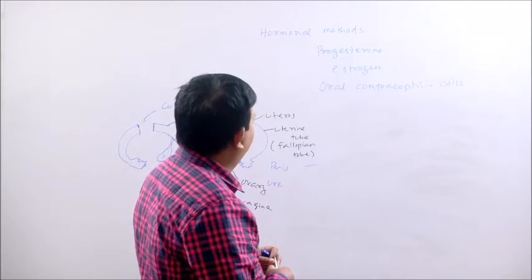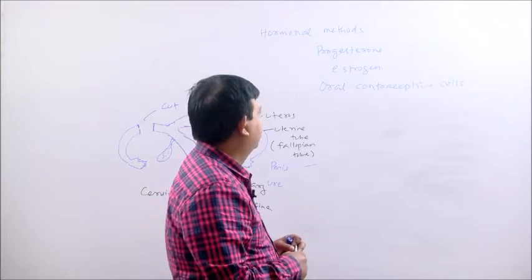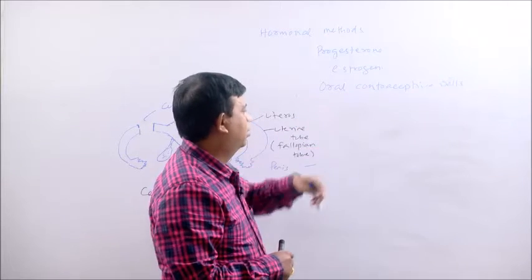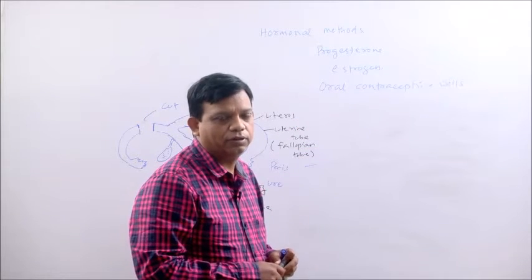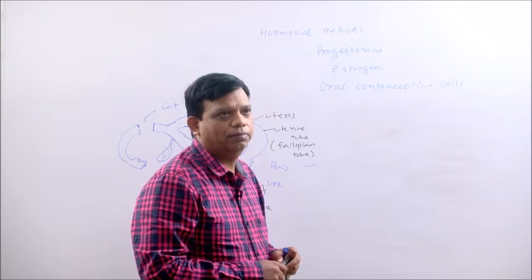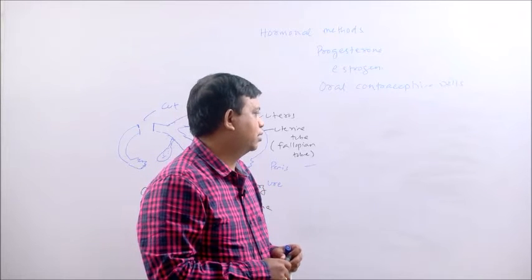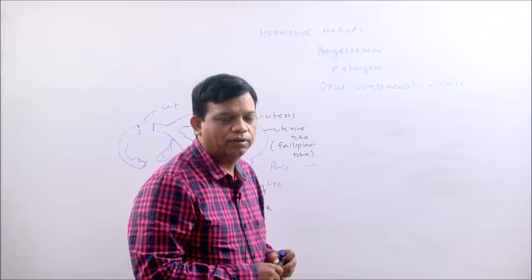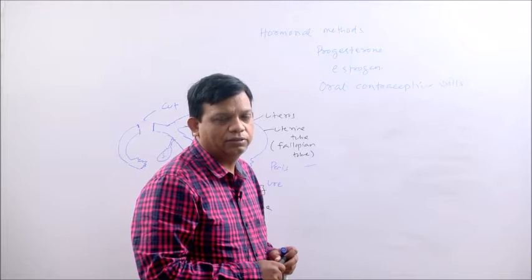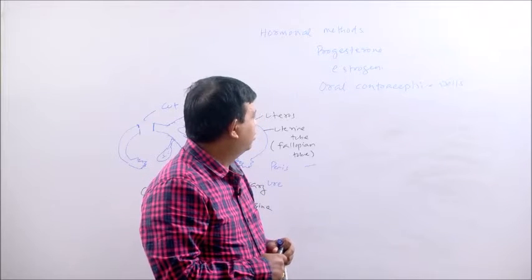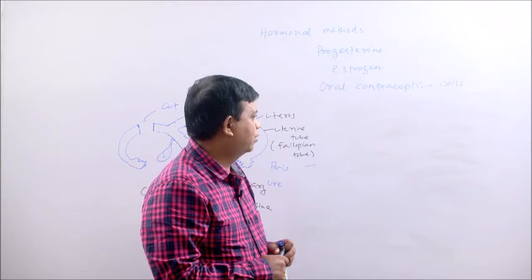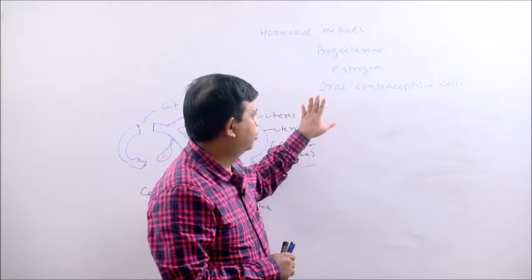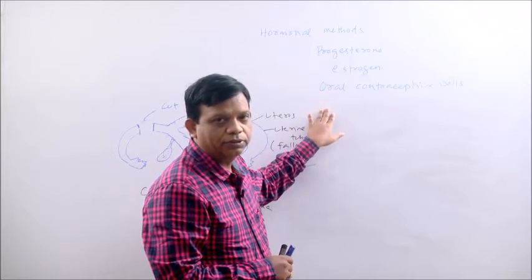These pills cannot be used by women who have liver malfunction, or who have cerebral blood vessel damage, or who suffer from heart disease or from migraine headache. Those having a history of blood clotting disorder cannot use these oral contraceptives.